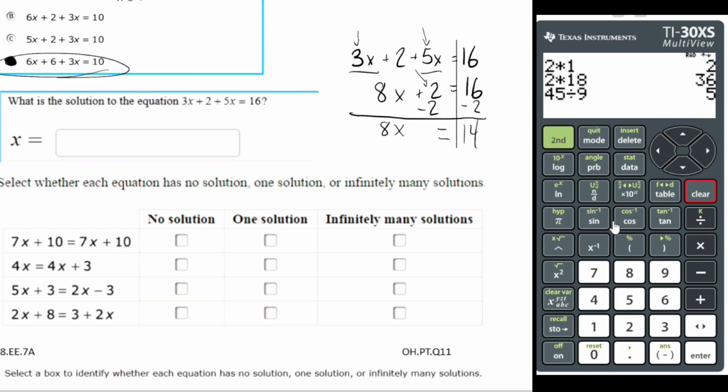Finally, we undo our multiplication by doing the opposite, which is divide. 14 divided by 8. That'll give you 1.75 if you put that in your calculator. So x is equal to 1.75. And that's that.